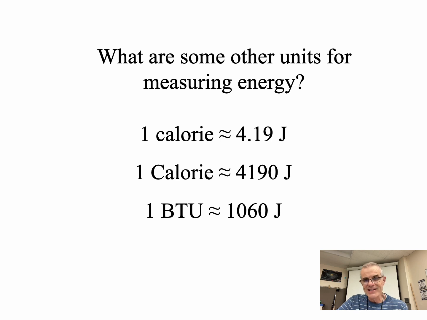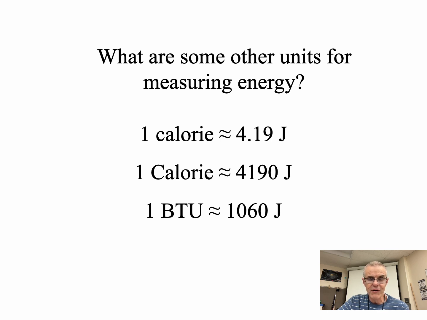The other calorie really should be called a kilocalorie. It's 1,000 times greater. Capital C Calorie, that's the one on a package of food. So if you eat something that has a Calorie of energy in it, then that's 4,000 joules. That might surprise you, but when you eat a little snack that's 100 Calories, then that's 100 times 4,190 joules.